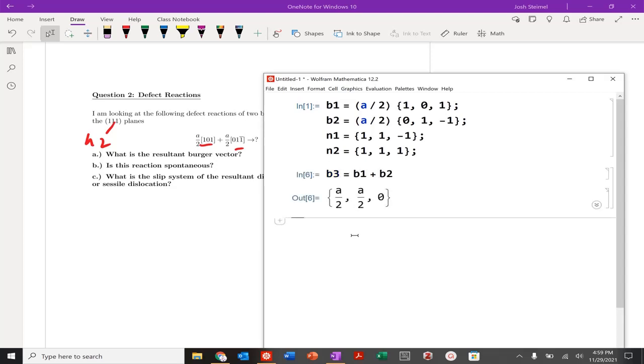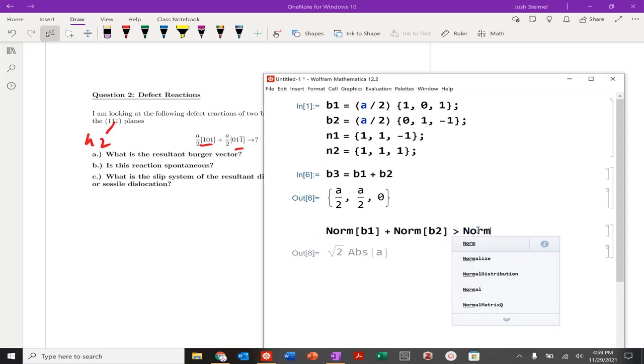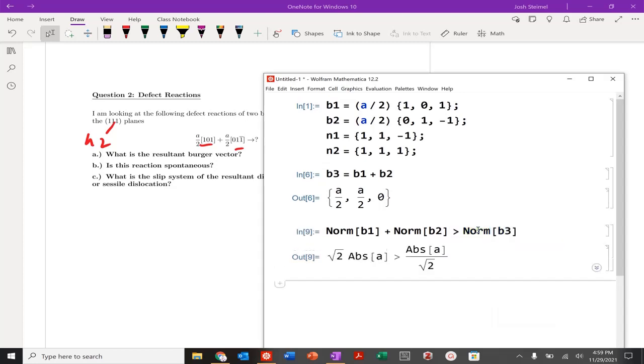So now we could just do norm of B1 plus norm of B2. Is this greater than norm of B3? So again, let's just do slash dot a goes to 4.